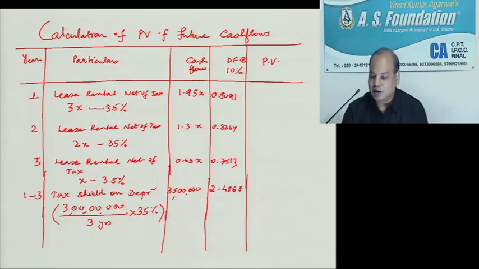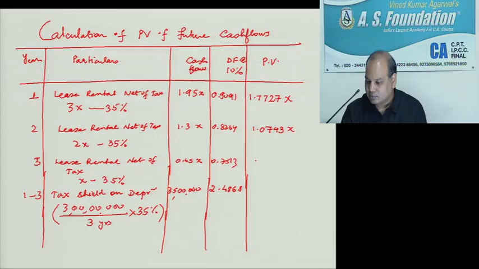Multiply 1.95x into 0.9091. How much is that? 1.7727x. Next one, 1.0743x.